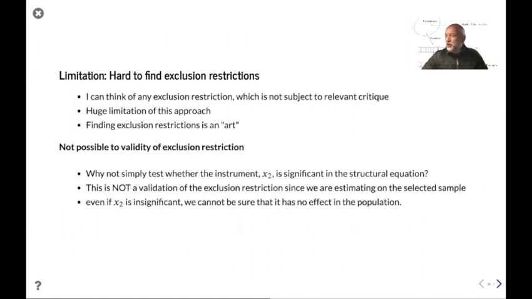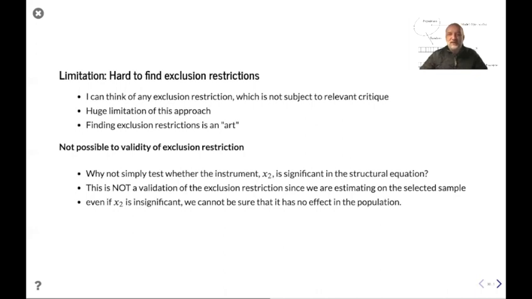Okay, so I think maybe it's instructive to give some examples, and then you would have to use economic theory to motivate why a particular variable affects selection but not the structural equation.